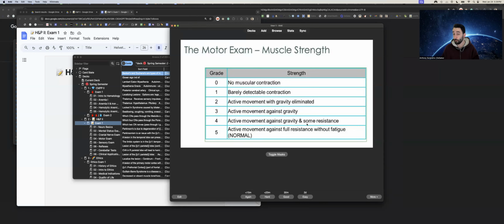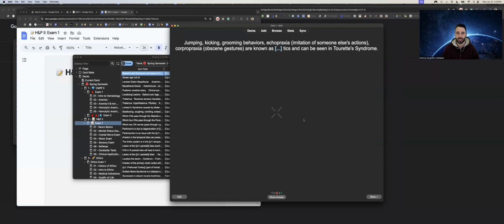Not even a little, barely detectable. You just see a little something. That's a 1, right? 2 is active movement if you're in space, and 3 is active movement on Earth against gravity. So 2 in space, and we are the 3rd rock from the sun. So if it's active movement against gravity, you're on Earth, and that's a 3.